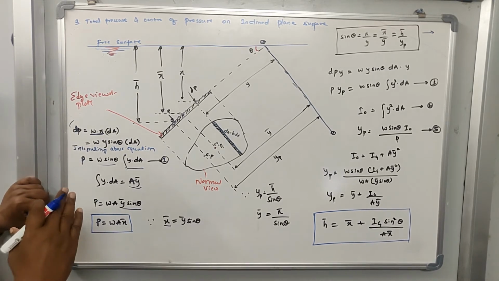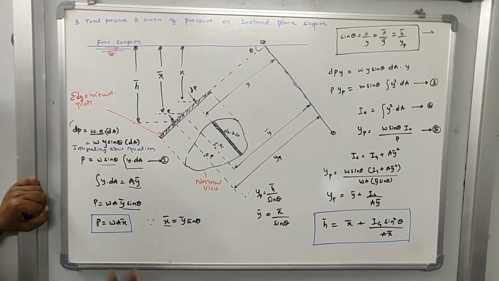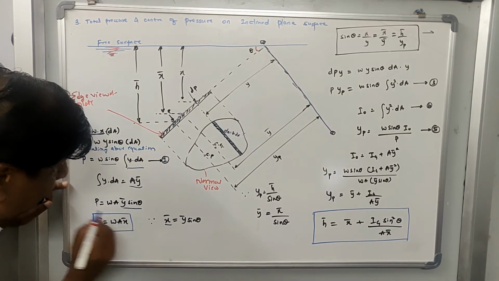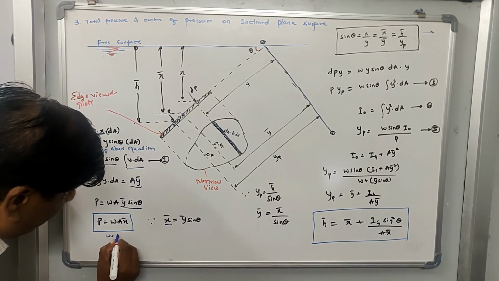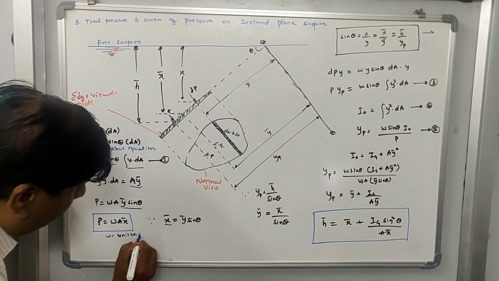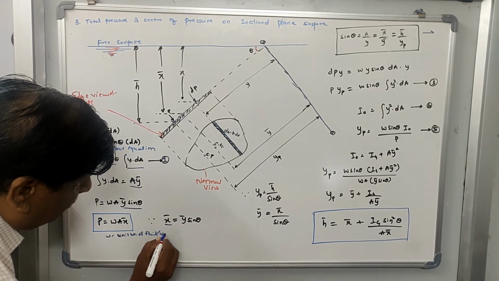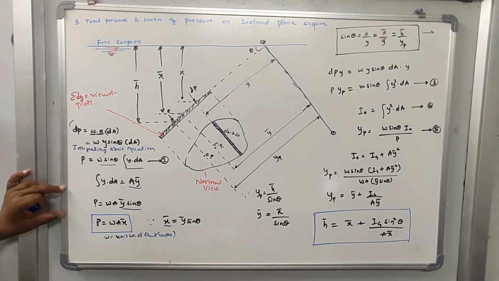Whether the plate is immersed in an inclined direction or in the vertical direction, the total pressure exerted on the plate is only W A x bar. What is W? W is the unit weight of the fluid, or you can take this as water from the civil engineering point of view. Let us take the fluid as water.